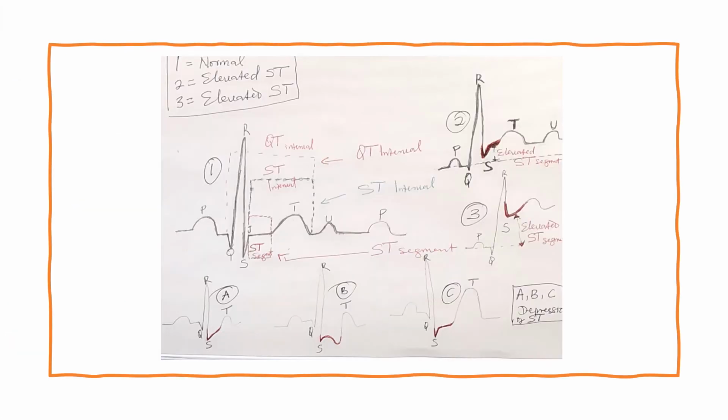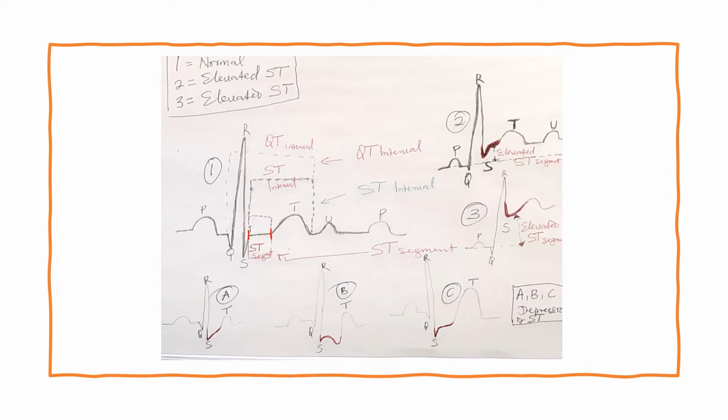Okay, we've gone through the hand sketch, showing the different waves, but now I really want to get down to ST segment and point at elevation and depression. So this is the J point. Okay, you can see the J, right? And this is the beginning of the T, and this is the ST segment right there.